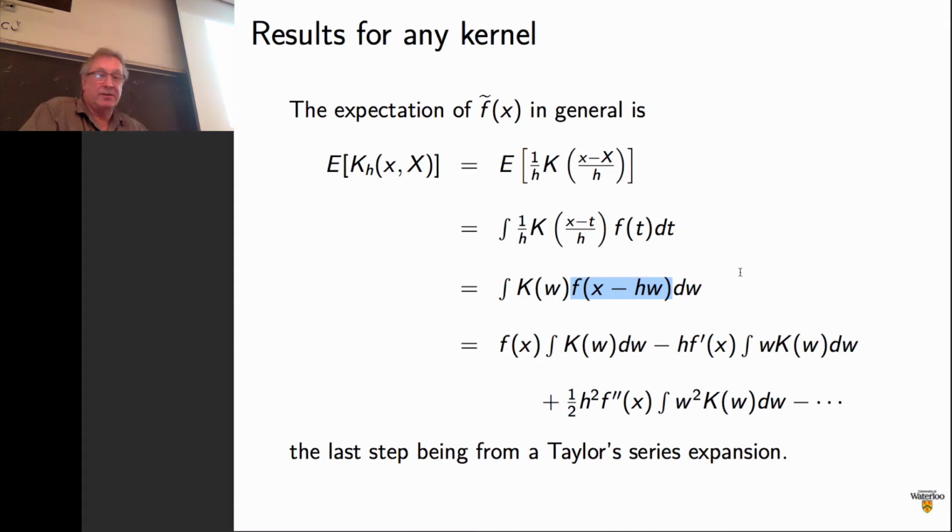So you remember Taylor's theorem. This is going to be f of x plus minus hw times f prime of x plus 1/2 minus hw quantity squared times f double prime of x, etc. That's just the amount that I'm changing it by, plus minus hw.